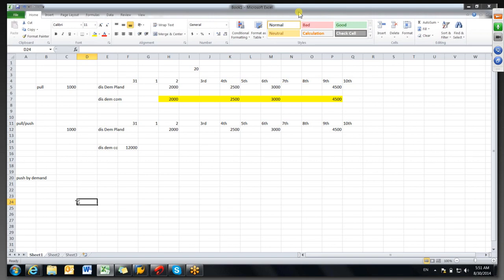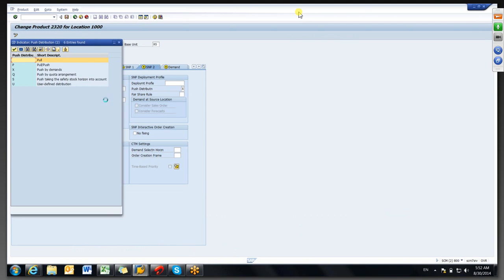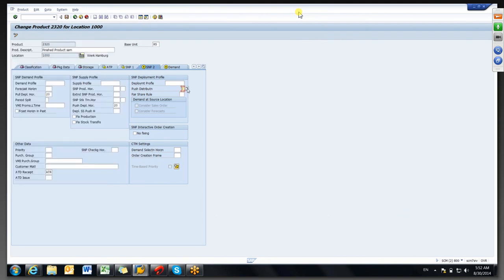Yeah, if it is blank, if you don't maintain it, it automatically picks this one only. If P, it means this one, X means this one, Q1 is this one, like that it will pick. But if you don't maintain anything, if it is blank, then it will pick the first one.